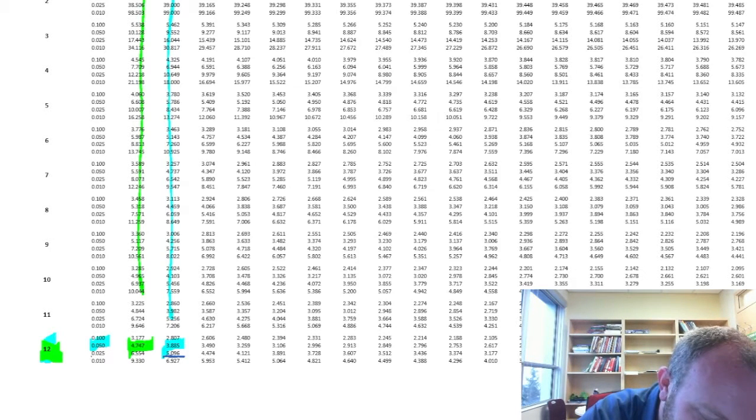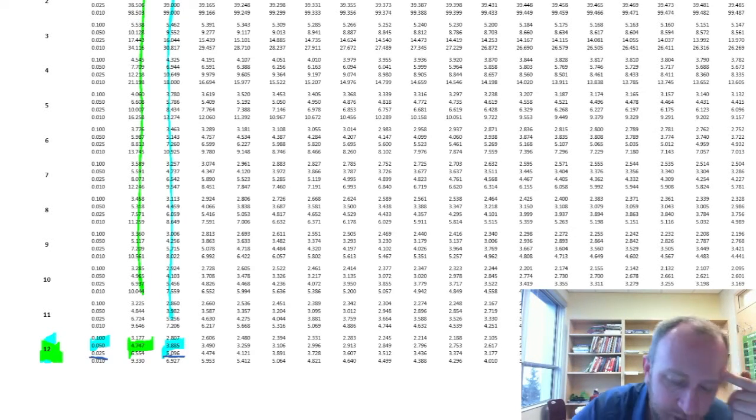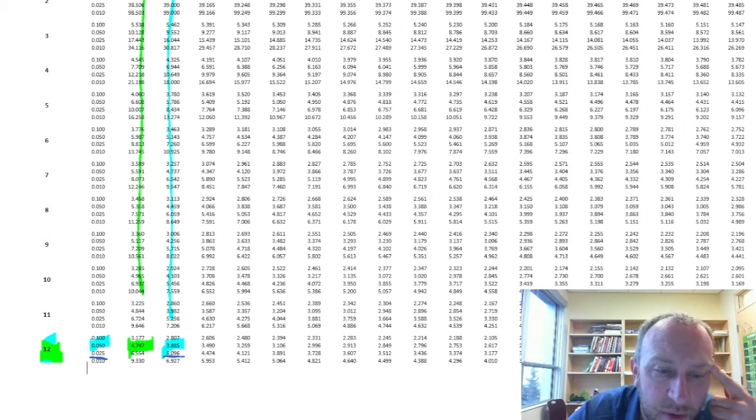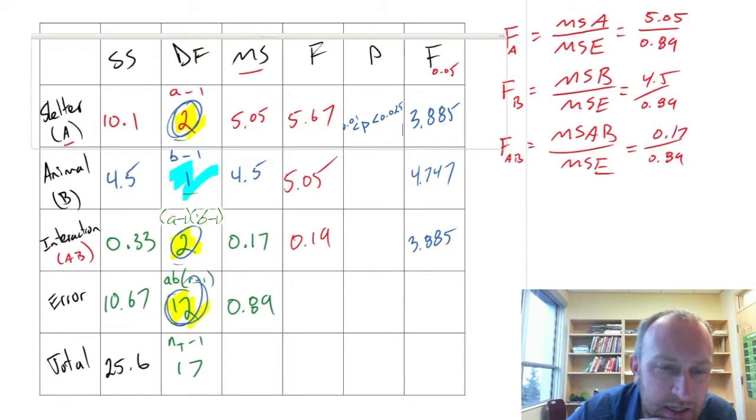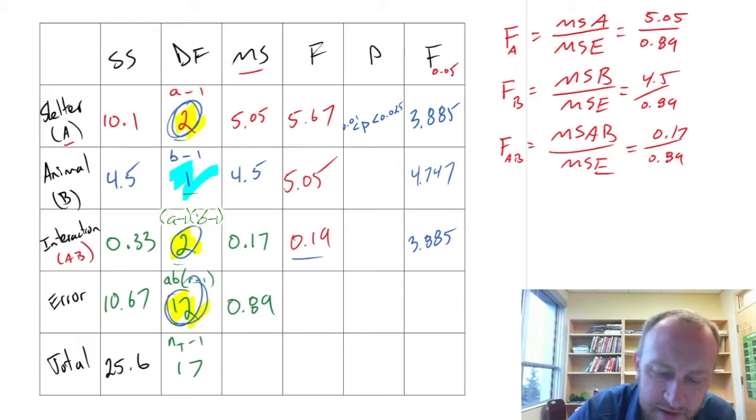So that gives me a p-value in between 0.025 and 0.01. So this one has a p-value between 0.025 and 0.01.